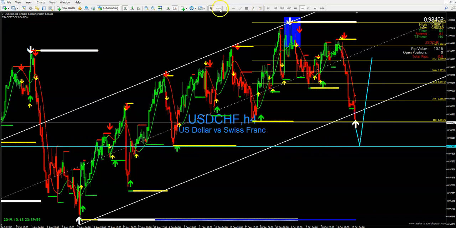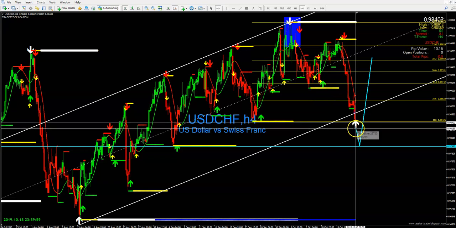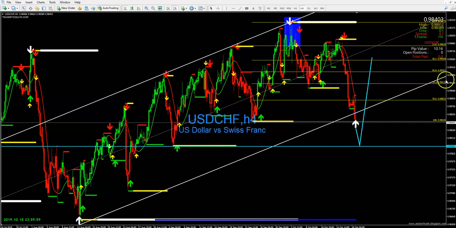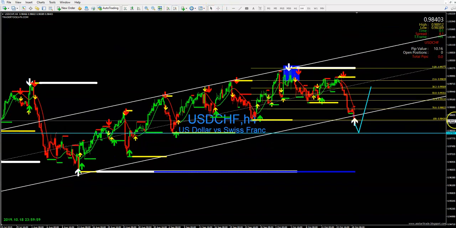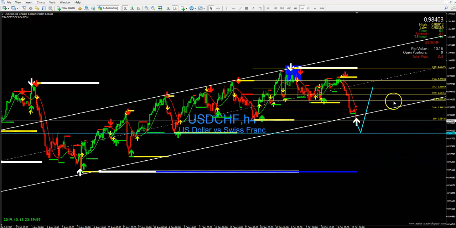Probably it's gonna drop another, let's measure it, I would say about 30 pips before it does a pullback, retesting our higher time frame. So let me go back here, bear with me. Probably it's gonna give us a retrace back, retesting our 38 to our 23 Fibonacci line. So go ahead and pay attention to that.